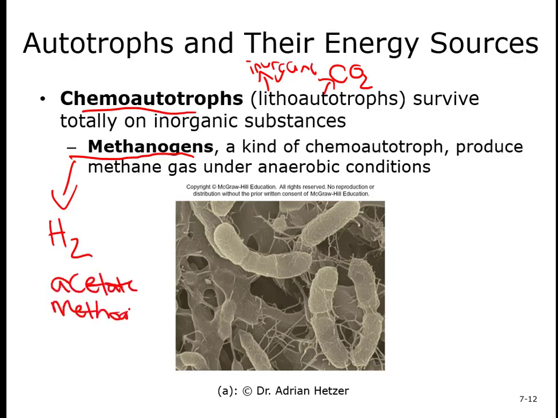So they can use these weird compounds as their food source. And then they actually release methane gas, which is a very potent greenhouse gas. They release that as a waste product into the environment. So you can see there's such a wide range of metabolism that microbes can use.